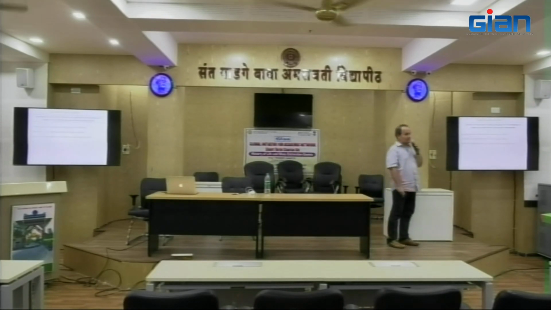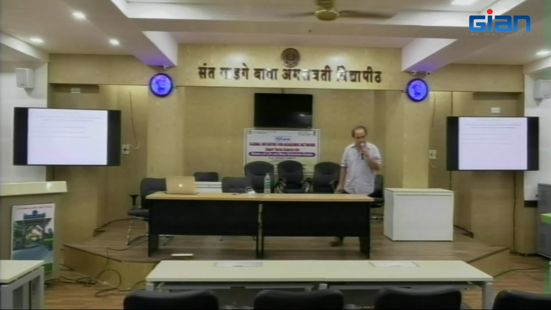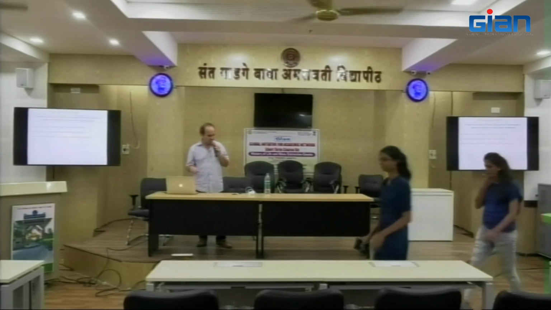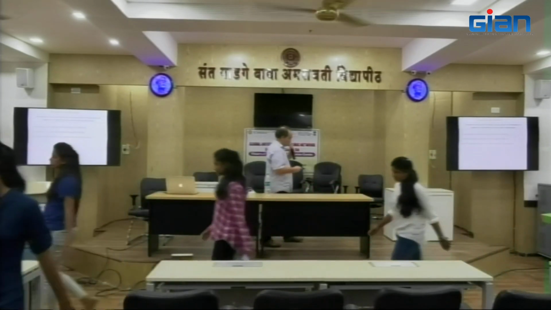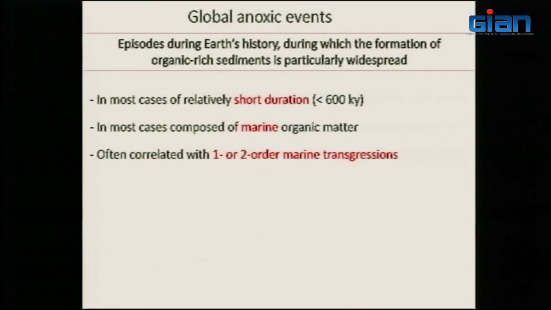You will not find black shale, or very rarely, at 10 meters depth. It's impossible, because you have storm deposits, you have currents. All these things will destroy the sediments, oxygenate the sediments, so it cannot be the case. So generally, you need a minimum depth to form black shale, and I would say this minimum depth would be around 200 meters, because this is a limit where tempestites may influence and rework the sediments, okay? So this is one point.